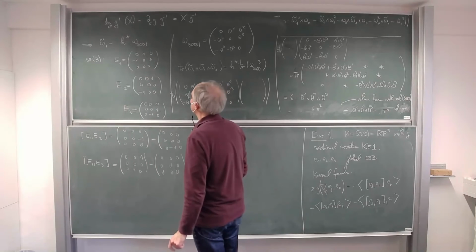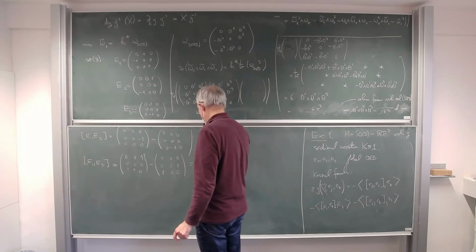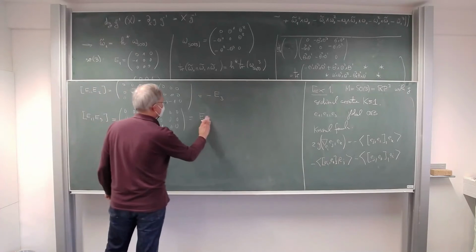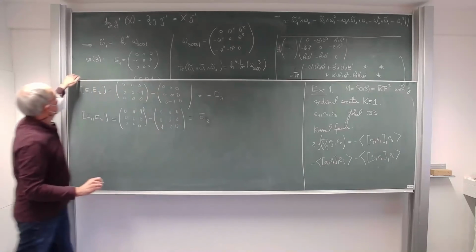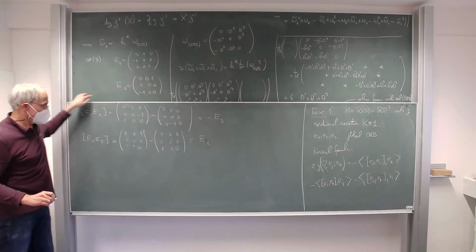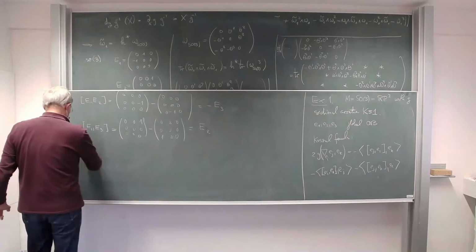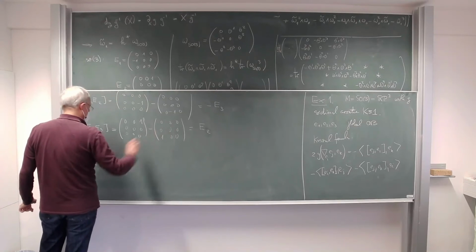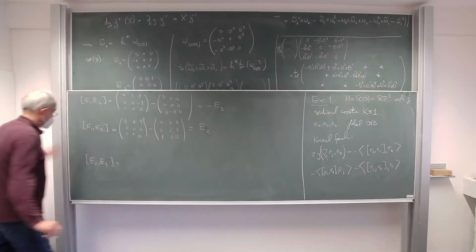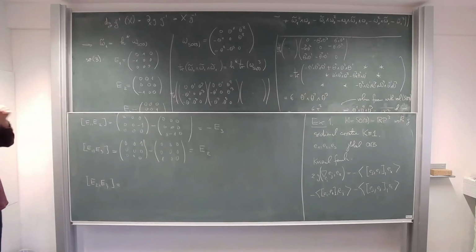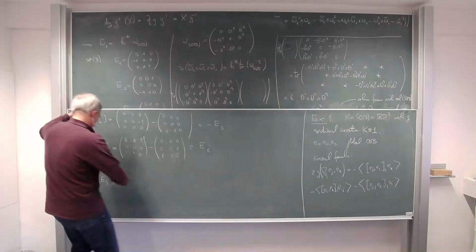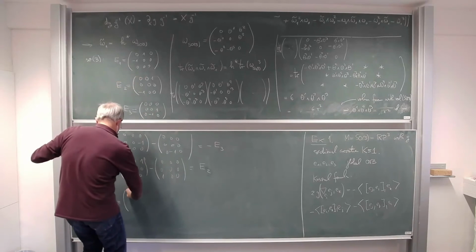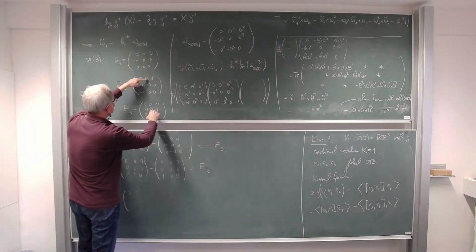So that would be E1. Finally, E2, E3. So we just have to get the signs right. Zeros. 0.